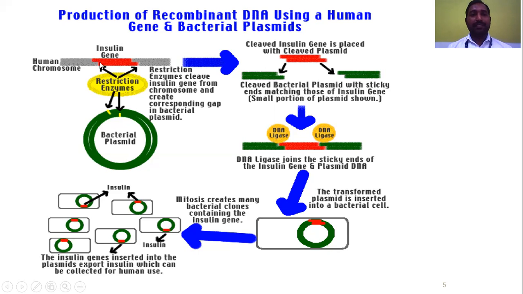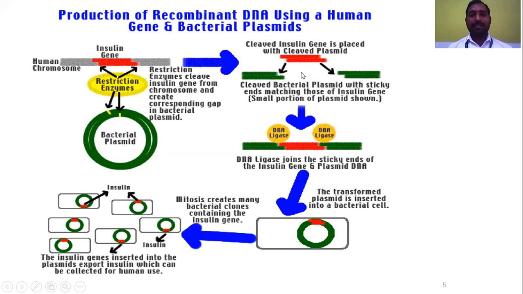Here we have the insulin gene, which is isolated from the human chromosome. This insulin gene is restricted to get only the insulin gene, not any other genes. Then we have the plasmid DNA molecule. This bacterial plasmid DNA molecule is also restricted with restriction enzymes, and both are ligated.